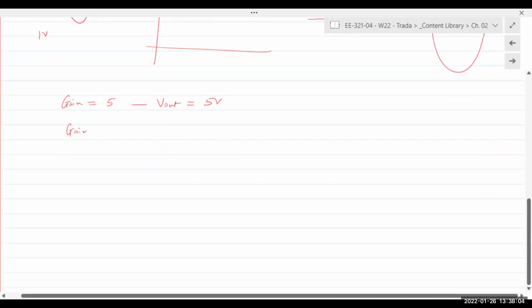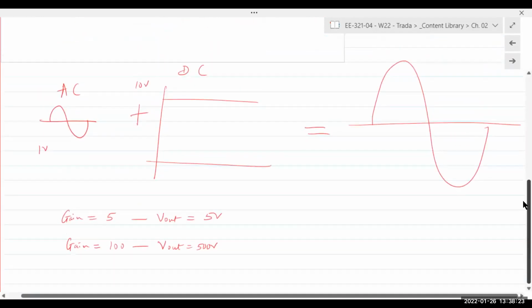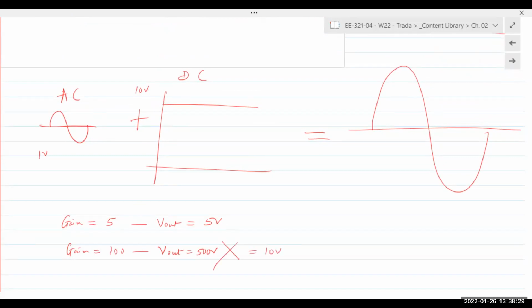But if now the circuit design gain is 100, is your output going to be 500 volts? No, right? Because that energy has to come from somewhere, and the maximum DC we are applying is only 10 volts. So it cannot be 500. Maximum it can go is only 10 volts.